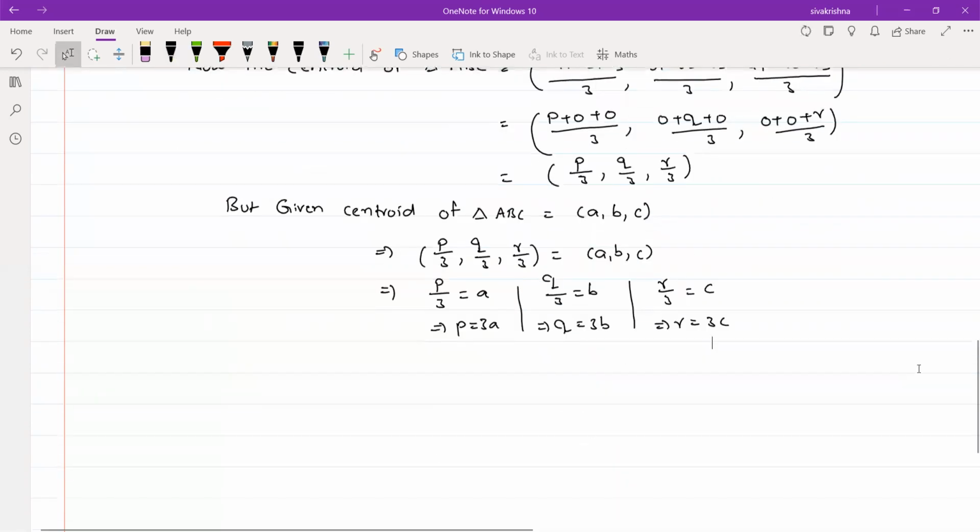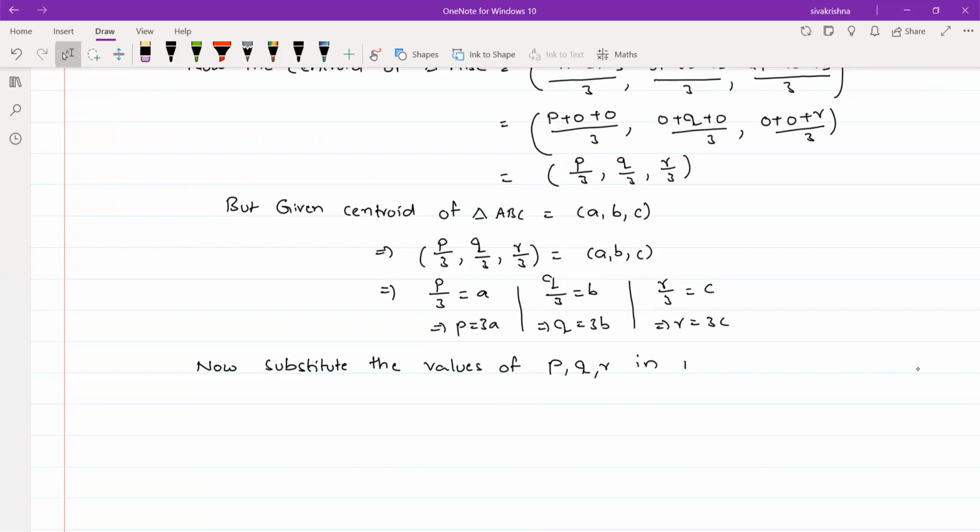Now substitute the values of p comma q comma r in equation 1. In equation 1 we are having x by p plus y by q plus z by r is equal to 1.